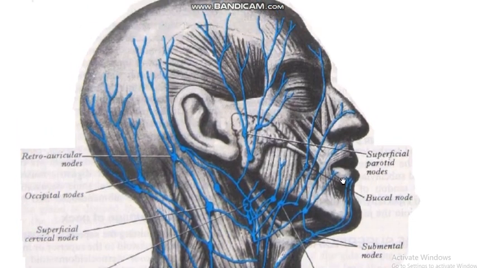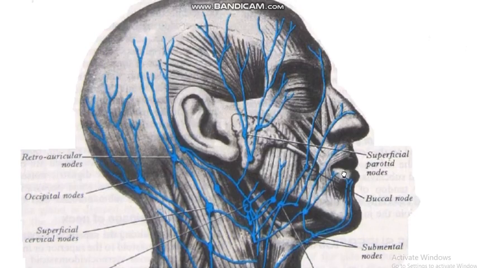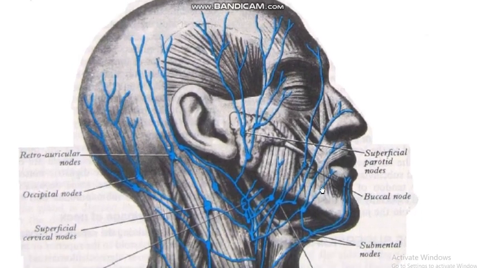Beyond this, if you look at the second segment, which constitutes the lateral half of the lower lip, the whole of the upper lip, side of the nose, and half of the eyelids, and going up to the root of the nose and part of the forehead. This entire block is draining into the submandibular lymph nodes over here.